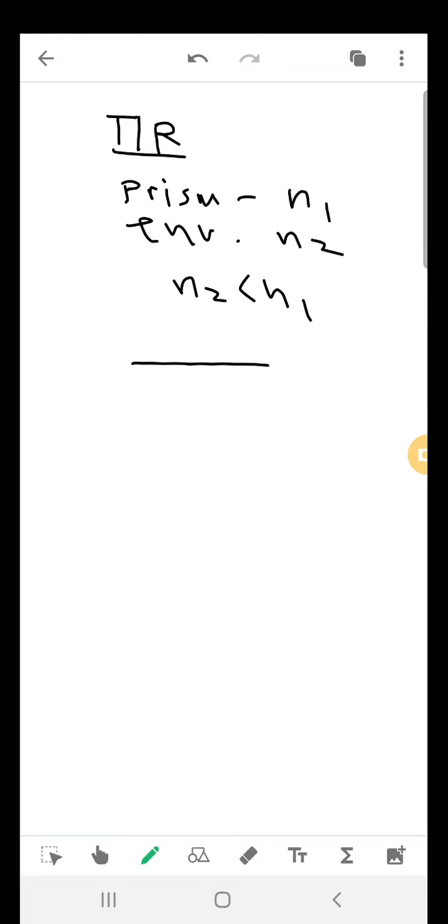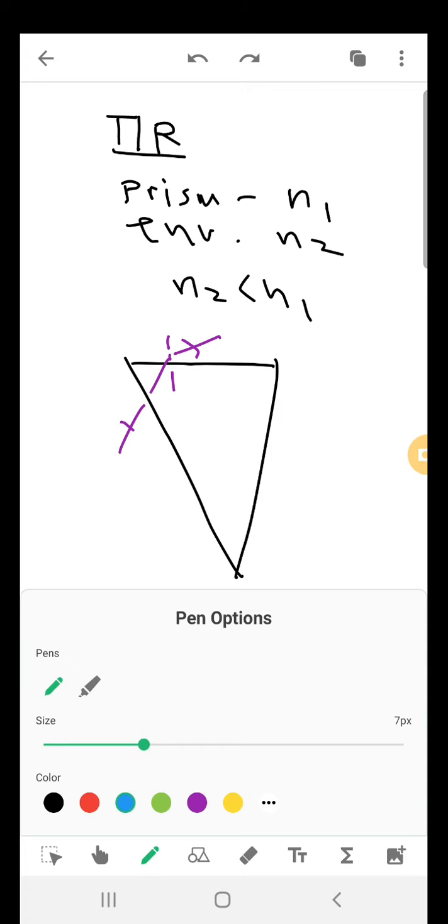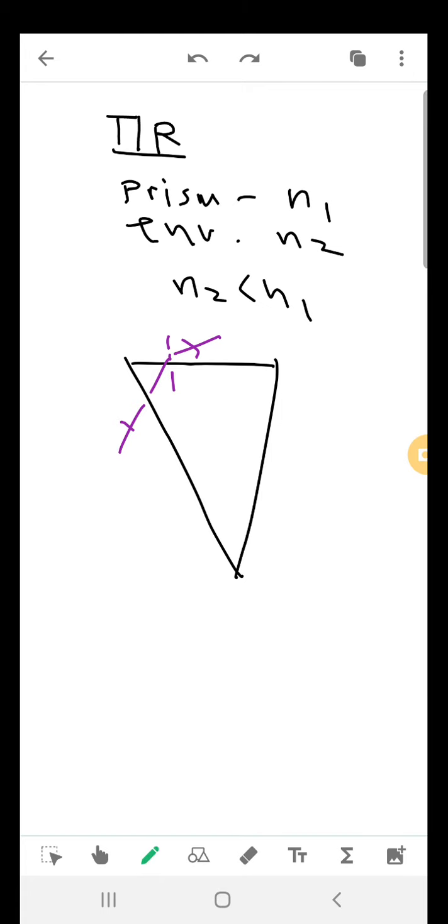So we draw the prism like this. This is theta 1, where the light passes, whereas it may so happen that the angle of incidence is a little less, say theta 2, so it reflects internally.